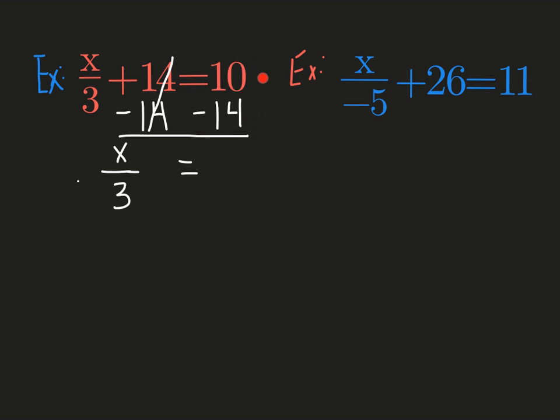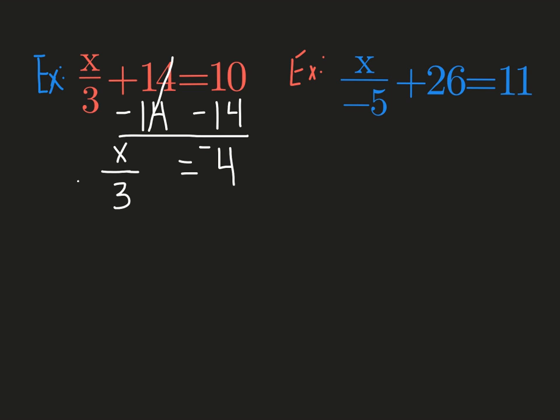Well, my signs are unlike, so I need to say 14 minus 10. I can do that without doing it on the side because I'm so intelligent. So 14 minus 10 is 4. And is it going to be positive or negative? Well, since 14 is bigger than 10 and 14 is negative, then my answer is going to be negative 4.